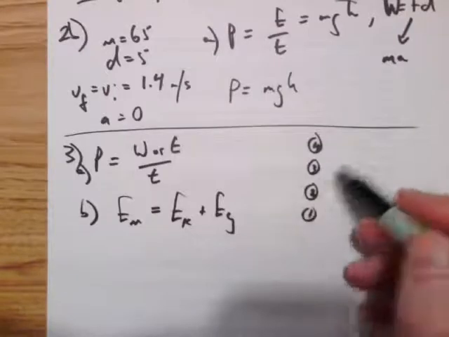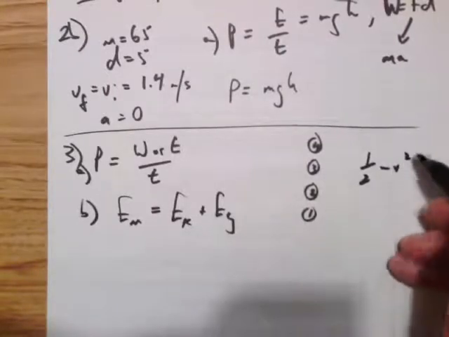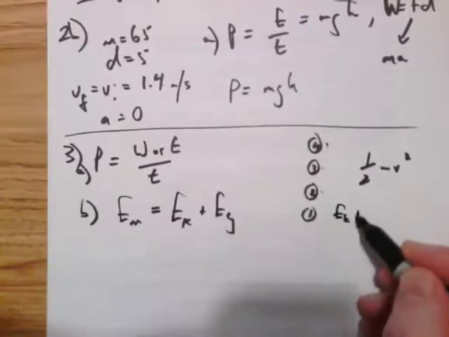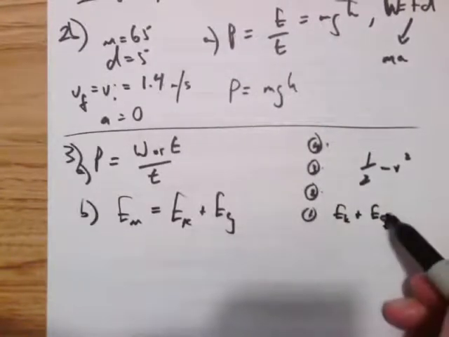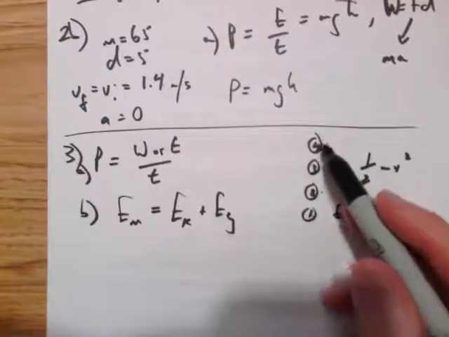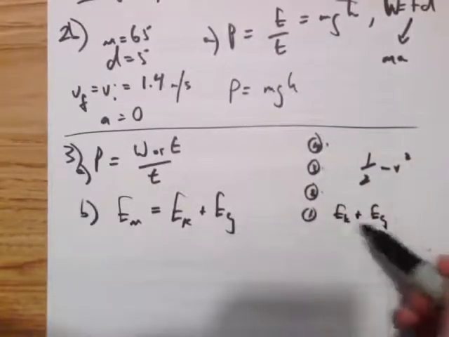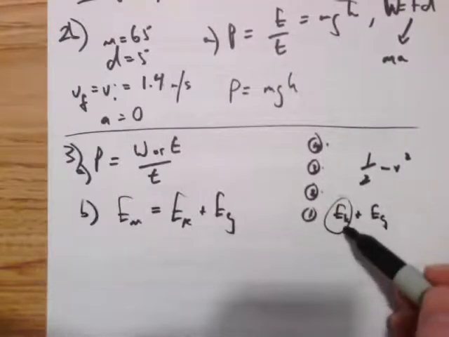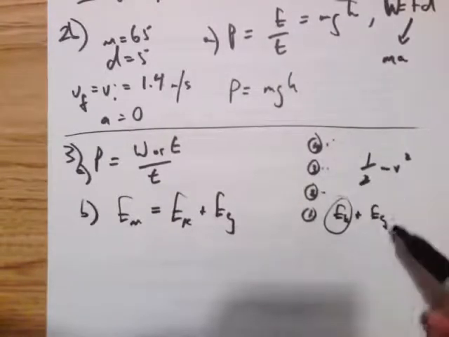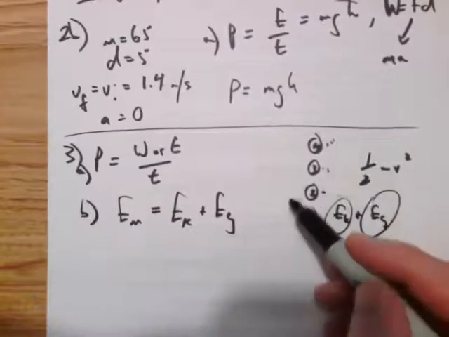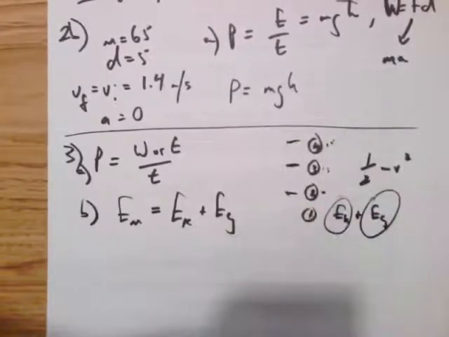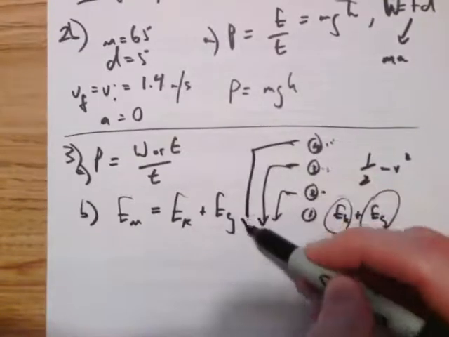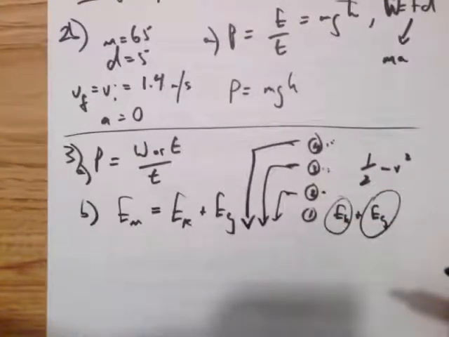At each of these points, you will have EK plus EG. If acceleration is 0, the speed doesn't change, but here it's constantly going up, so kinetic changes every time. Potential changes every time as well, because each time it gets higher, there's more potential energy. Just think about if it falls harder from a higher height.